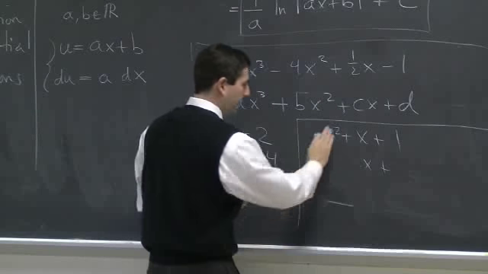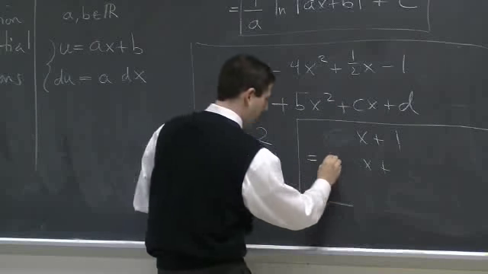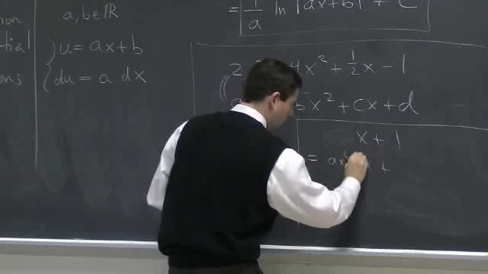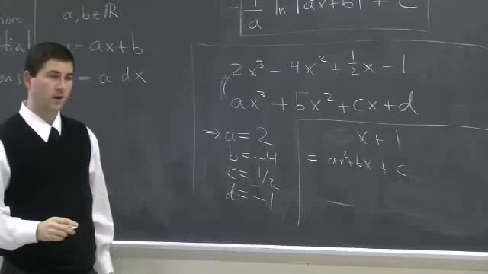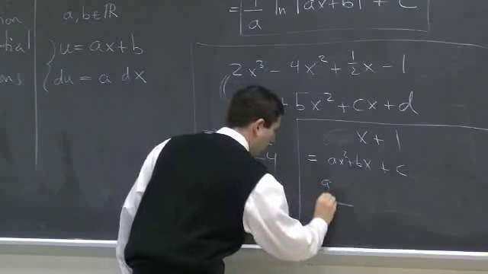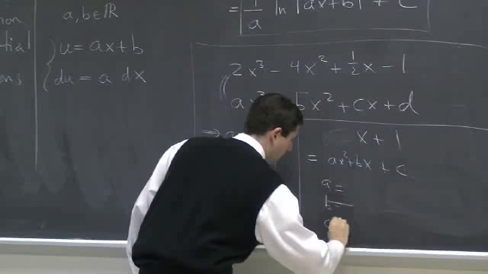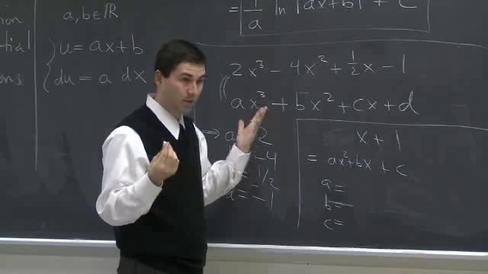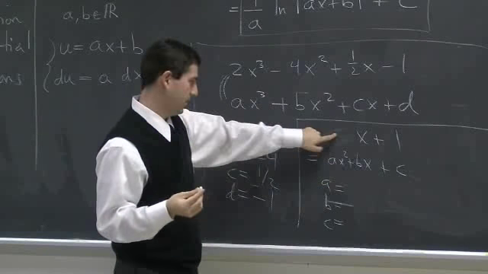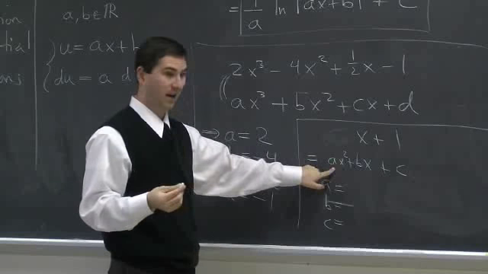What if I did it the other way, though? What if I had ax squared plus bx plus c, and I have x plus 1? Can this be right? How can it be right? What are my a, b, and c? A has to be 0, right? That's an allowable real number here. So this has no x squared term, so this can't have an x squared term.